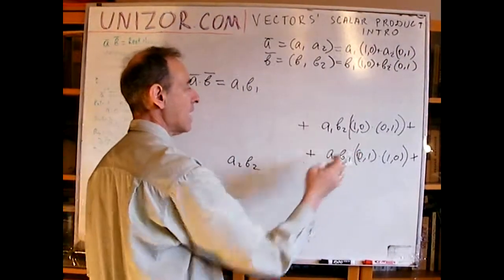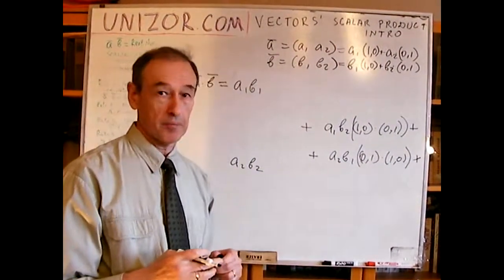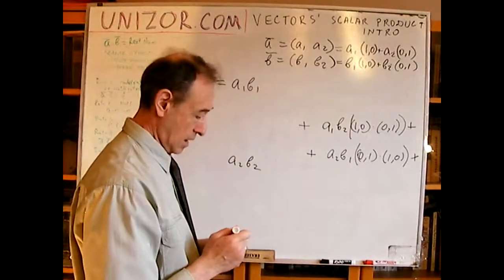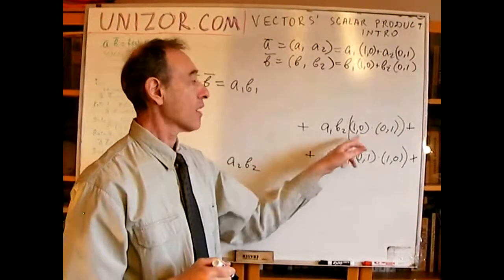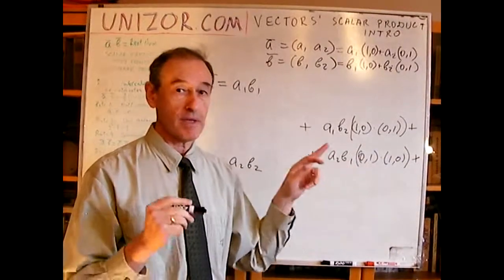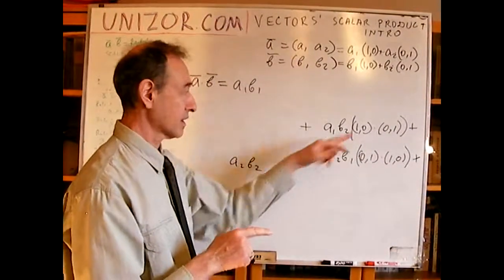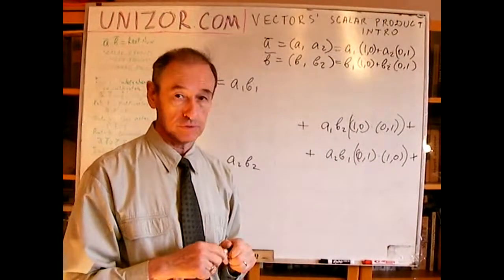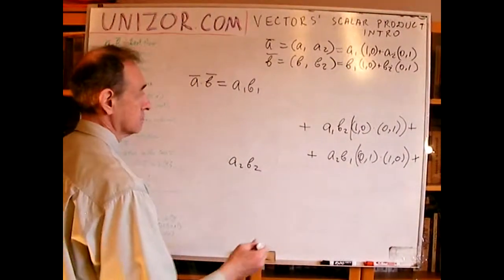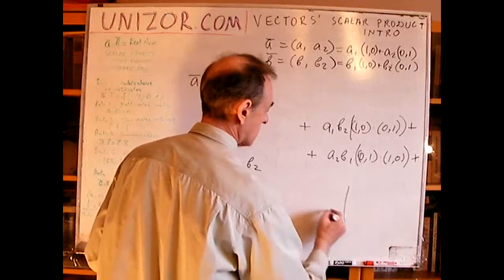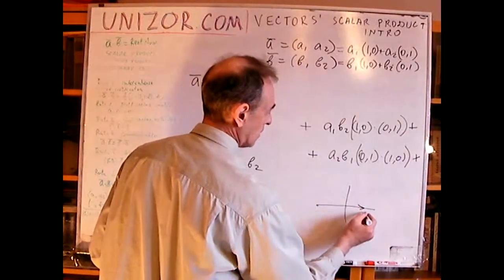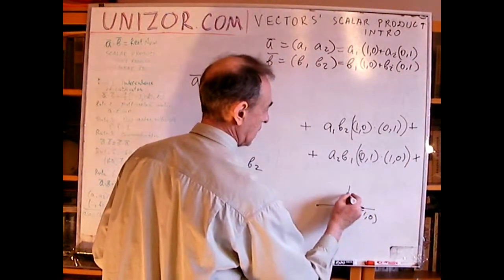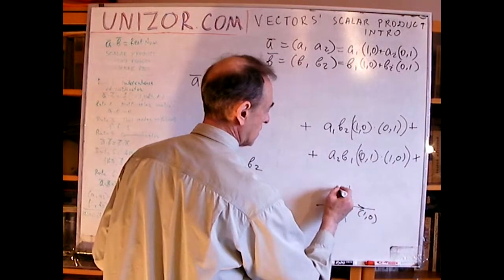Now, these guys are a little bit more complex. These are two vectors. They are also unit vectors, but they are not the same unit vector. It's two different unit vectors. And actually, they are perpendicular to each other, right? (1, 0) is here, and (0, 1) is here.